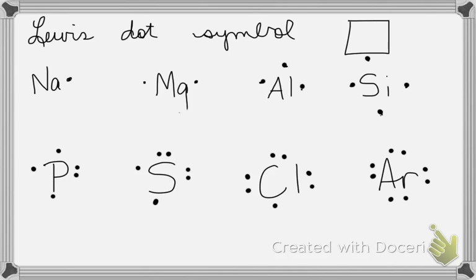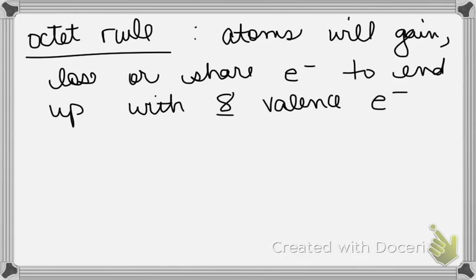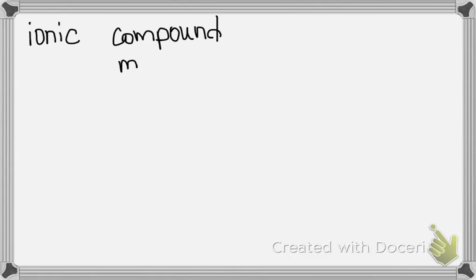Now, we've got different types of compounds, and we talked about these early on when we were naming. There's a difference between an ionic compound and other compounds. Tell me what you remember about ionic compounds. Ionic compounds are a metal and a non-metal. Give me an example of an ionic compound.